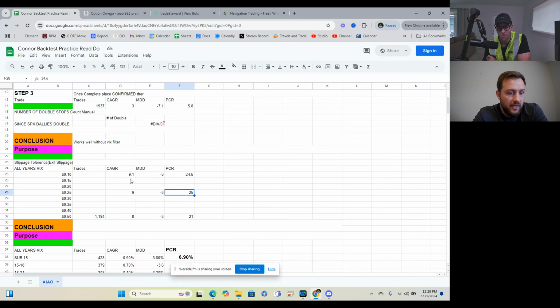I would say it still performs well at the beginning, when the exit slippage is relatively low, and it continues to perform pretty well as the slippage continues to rise. It performs well throughout the whole thing. Even at 0.5, that's not a bad trade at all. And that's still a huge amount of slippage.